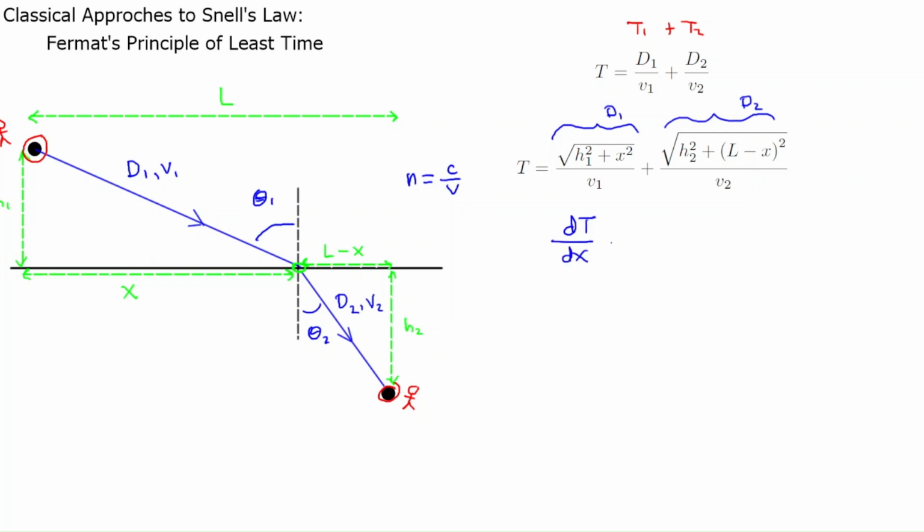We want to take the derivative of capital T with respect to x and set that equal to 0. Then the normal procedure is to solve for x, find the x that corresponds to the minimum time, then plug that into our original formula for time and see what the minimum time is.